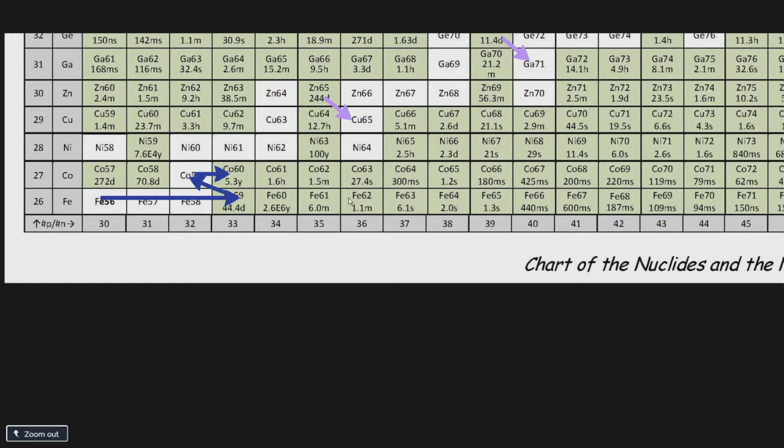For an isotope of an element, the proton number determines what the element is, and then the neutron number determines what the isotope is. So for example, down here for iron, along the x-axis we have the neutron number. Along the y-axis we have the proton number. So each row is a different element.